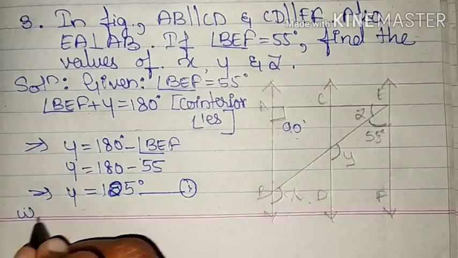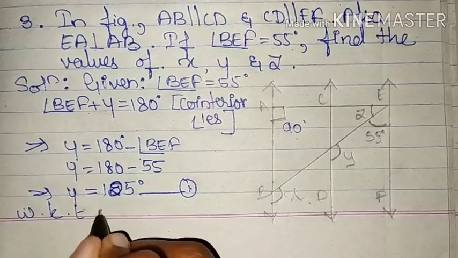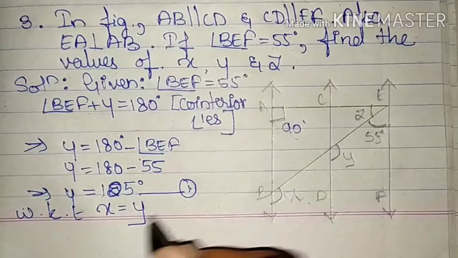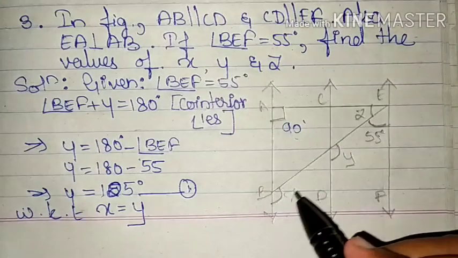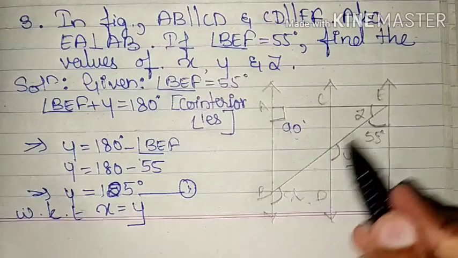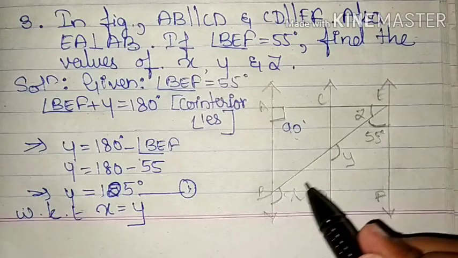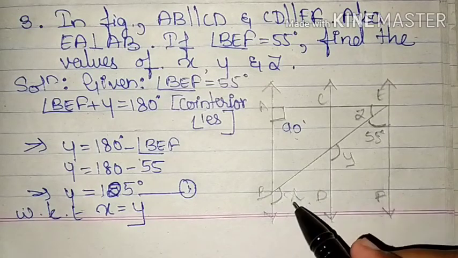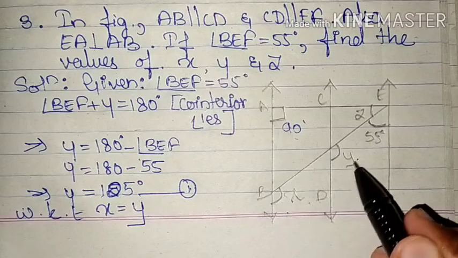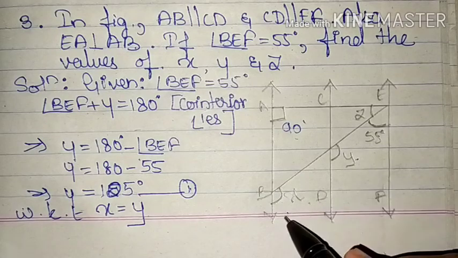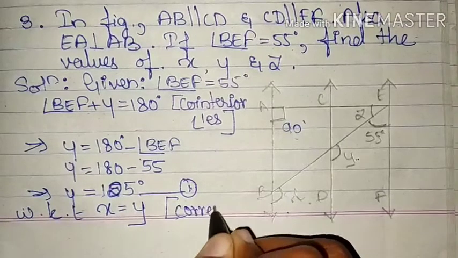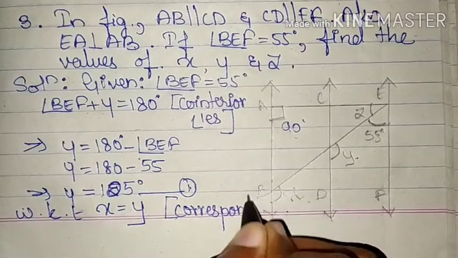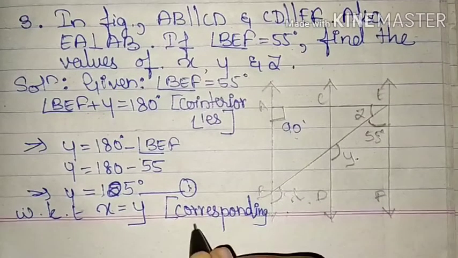We know that X is equal to Y. Look at the figure. AB is parallel to CD and EB is the transversal. Just by looking, we can say that angle X and angle Y are the corresponding angles of parallel lines. So they are equal. So X is equal to Y because they are corresponding angles.